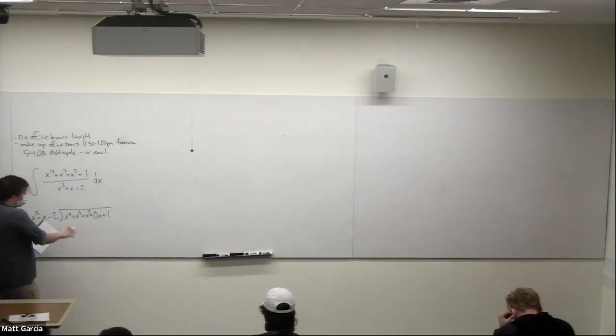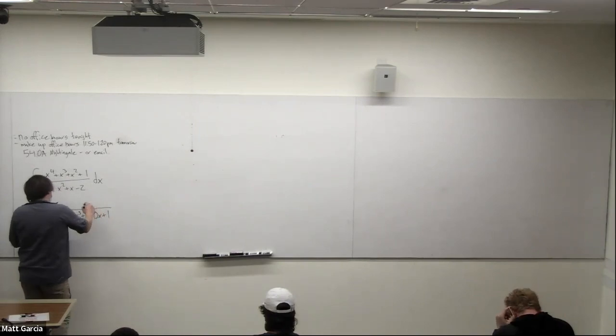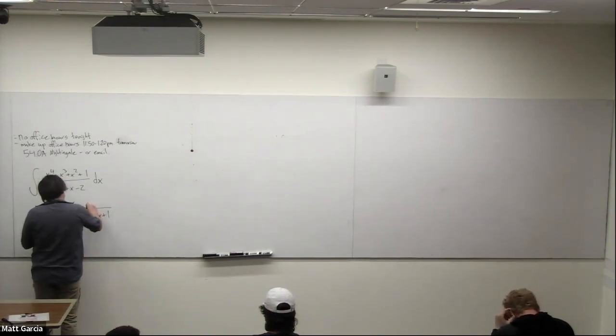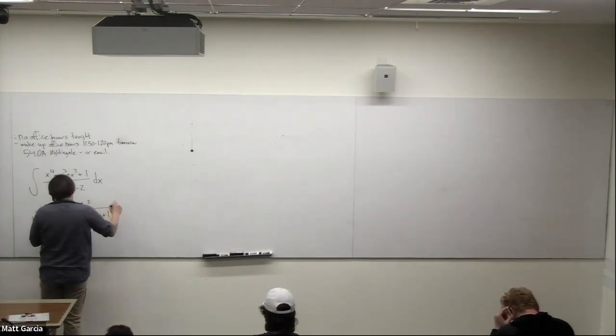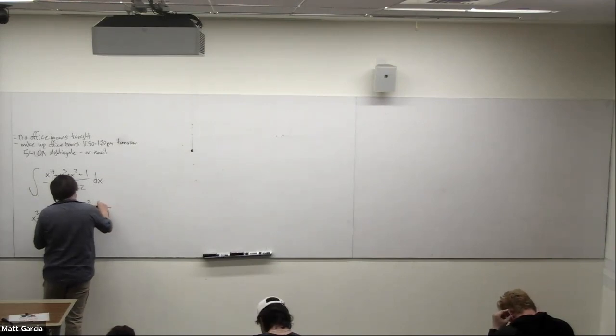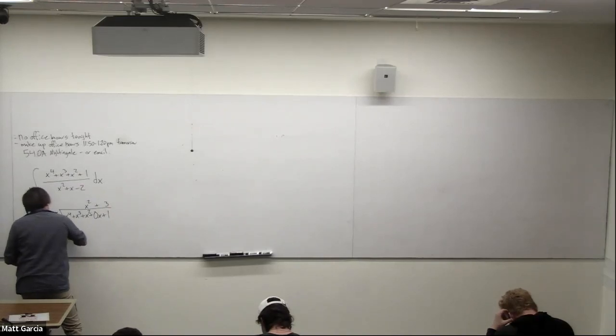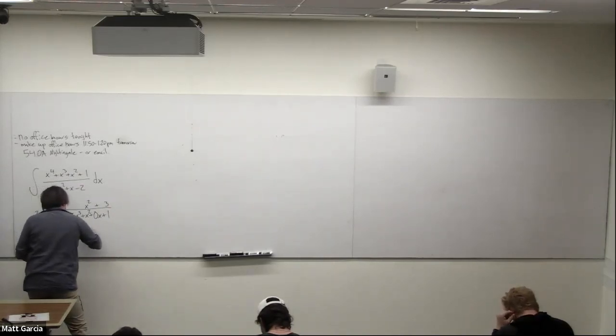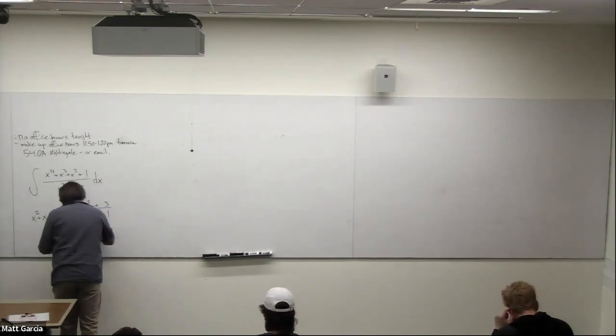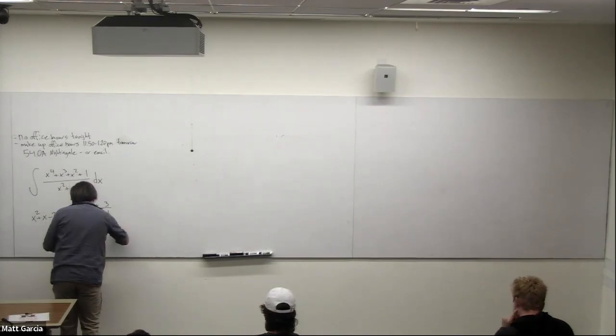I'm not going to redo the calculation, but what we concluded was that the quotient is x squared plus 3, and the remainder we found to be negative 3x plus 7.